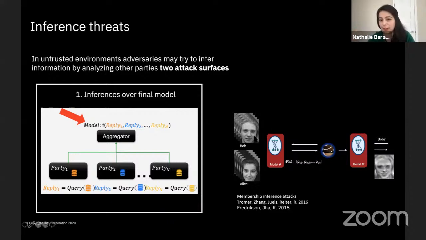The adversary is trying to query whether Bob was part of the training data. Why would the adversary want that? Imagine the training set was collected from people that had AIDS. Then you already know that Bob happens to have AIDS, which is a privacy violation.